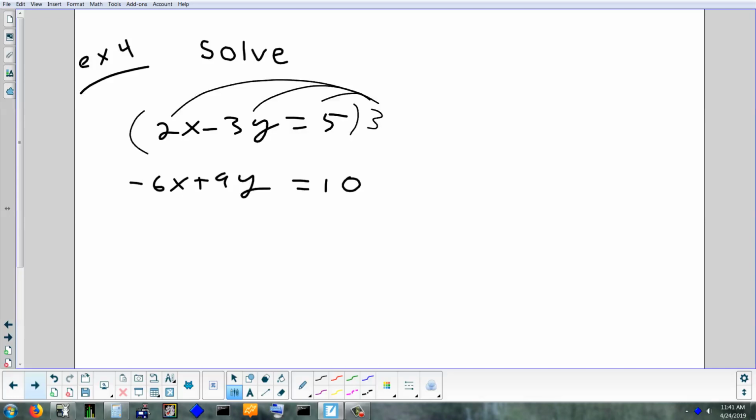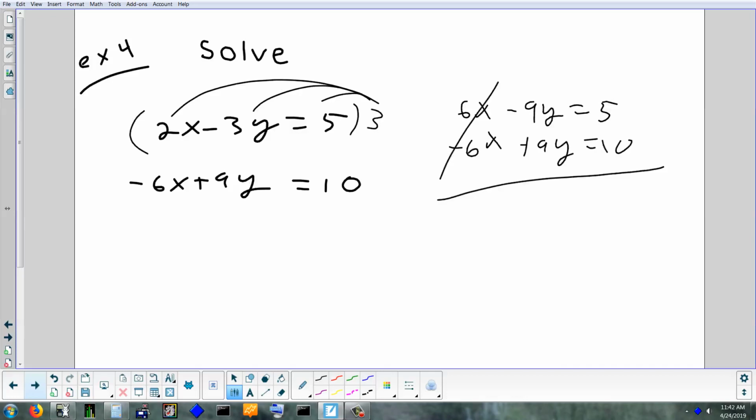Actually, not only are the x's going to be opposites, but I think both the x's and the y's are going to be opposites. So you're going to get 6x minus 9y equals 5, negative 6x plus 9y equals 10. Gone, gone. What's on the left side? 0.